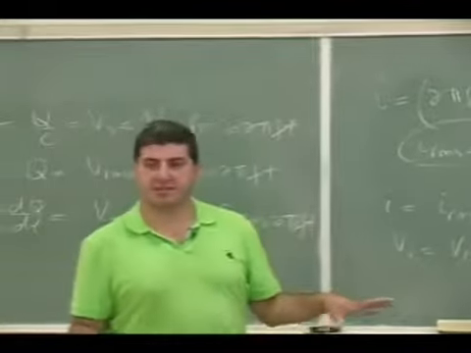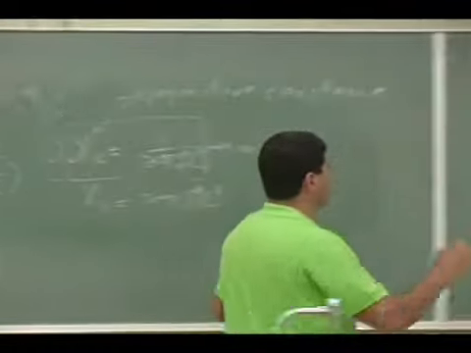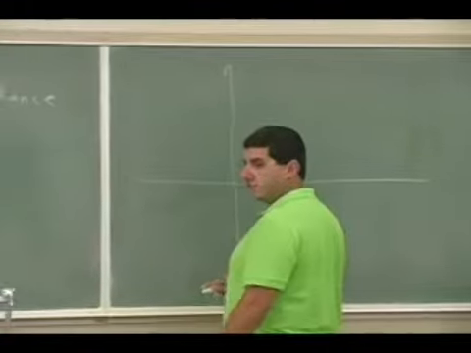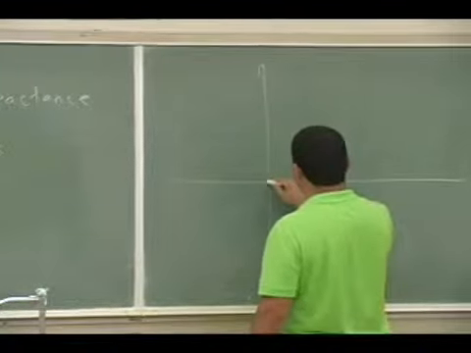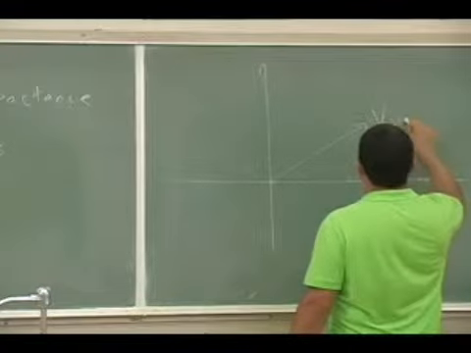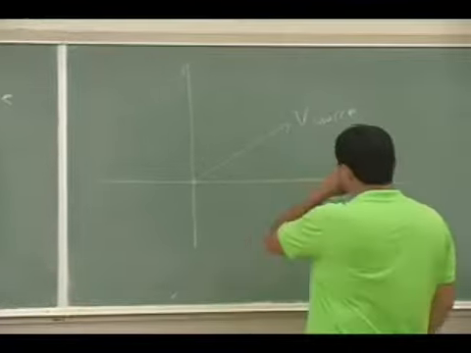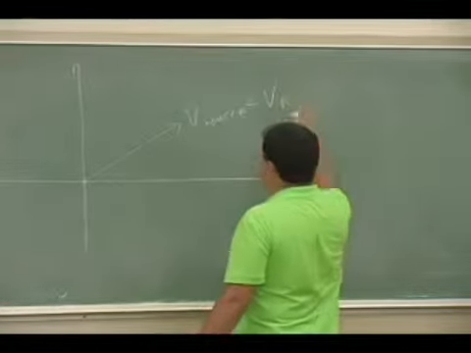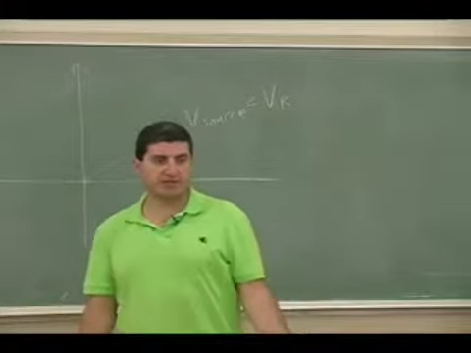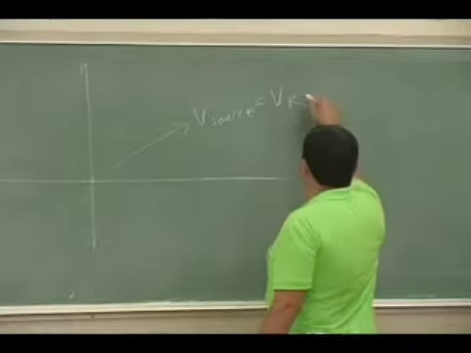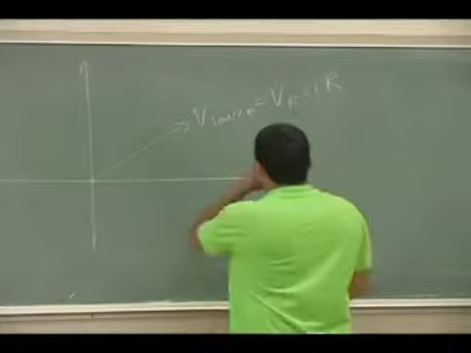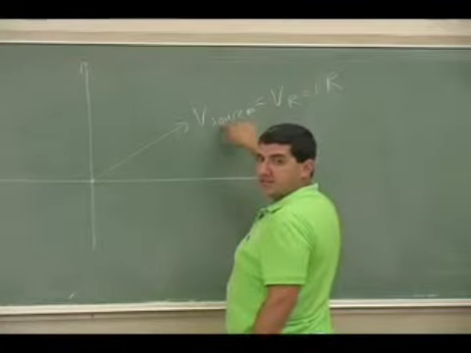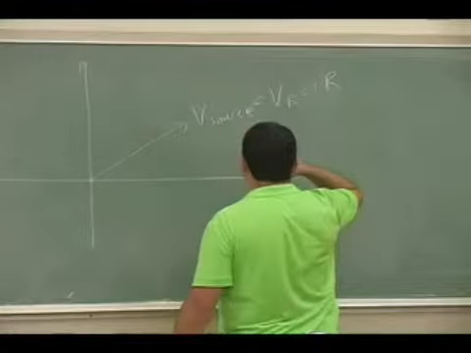Now, to visualize this, I'm going to introduce what's known as phasors. This is a great way to visualize what happens. The voltage of the source is always the same as the voltage in the resistor, because the only difference between them is IR, right, the current. And the current, therefore, is always in sync, in phase with the voltage of the source.